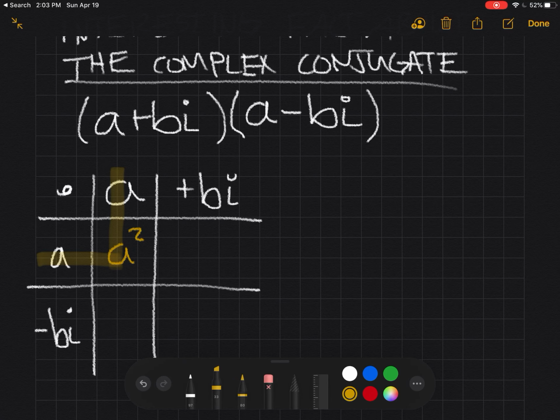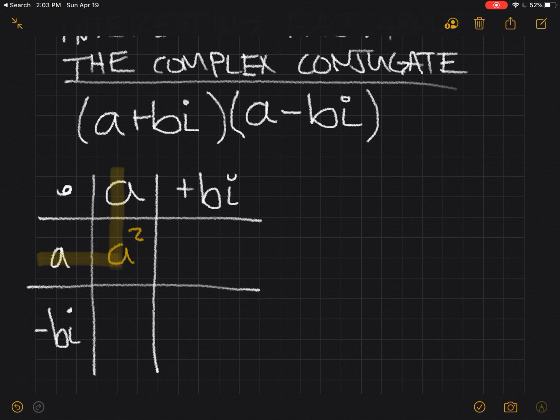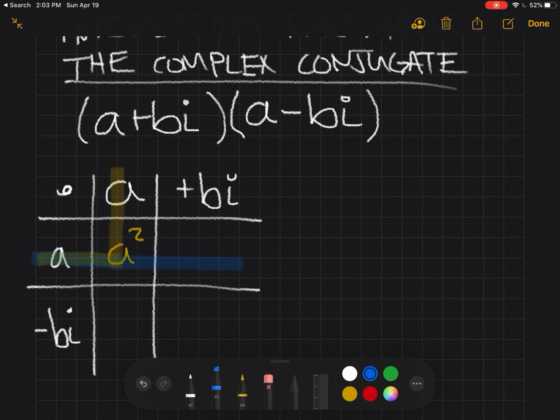So here I have A and then a positive BI. Here I have A and then negative BI. And I'm multiplying, and we'll see what happens. So A times A gives me A squared. And I have A times BI, and that gives me ABI.